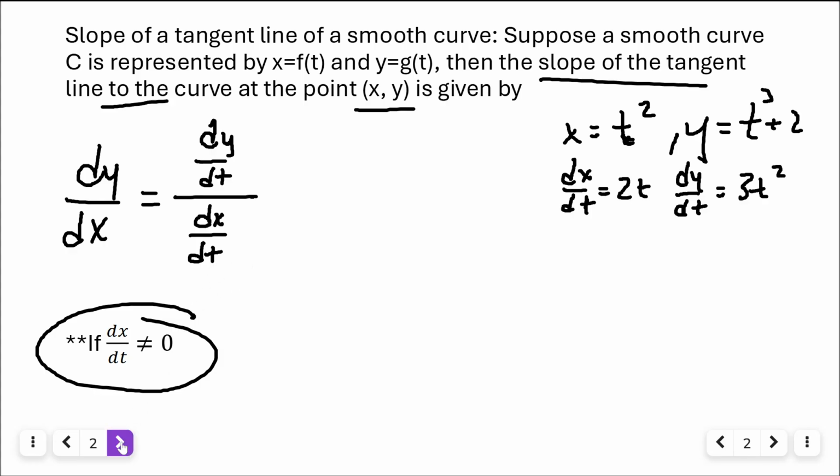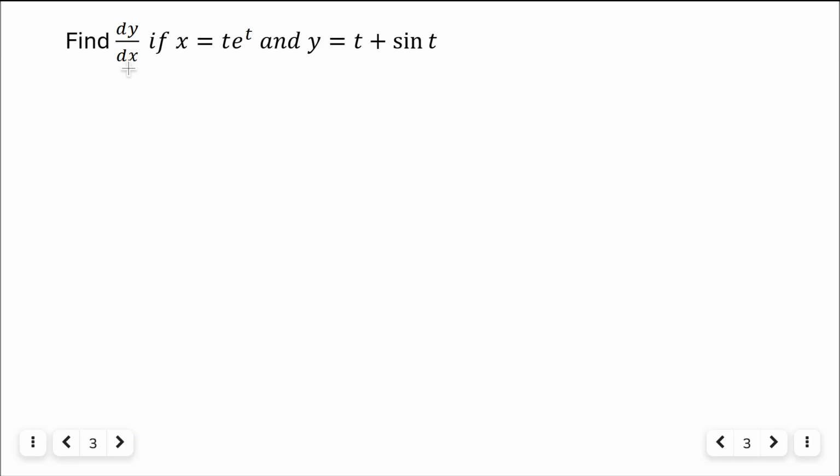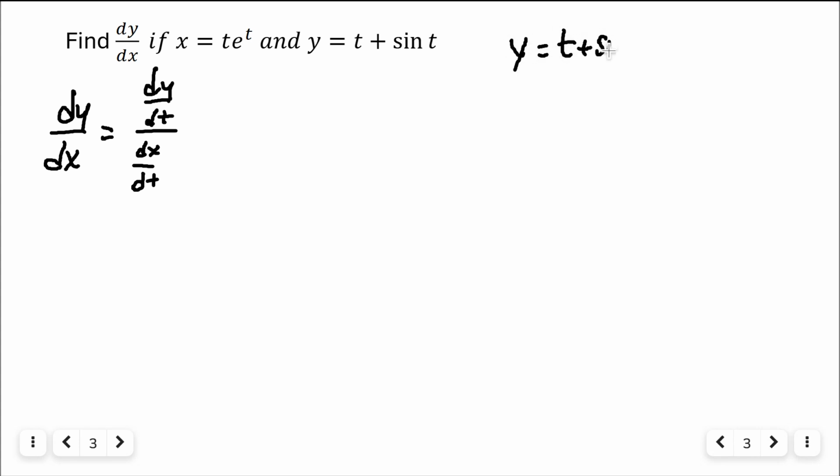All right, let's put it into practice. So let's find dy dx if x is equal to t e to the t and y is equal to t plus sine t. So dy dx is equal to dy dt divided by dx dt. All right, let's find dy dt first, I guess. It's in the numerator. So y is equal to t plus sine t. So dy dt would be 1 plus cosine t.